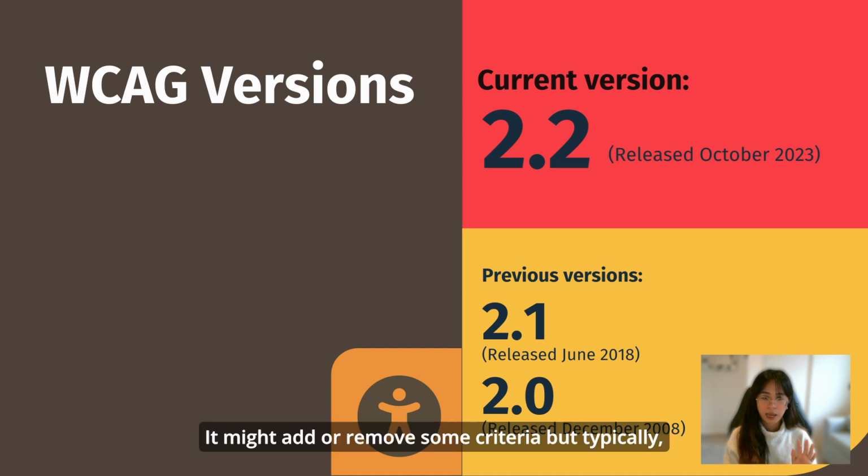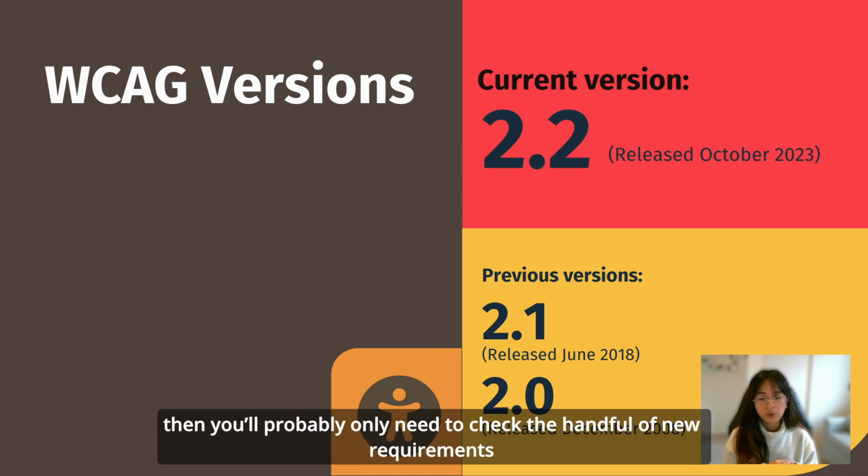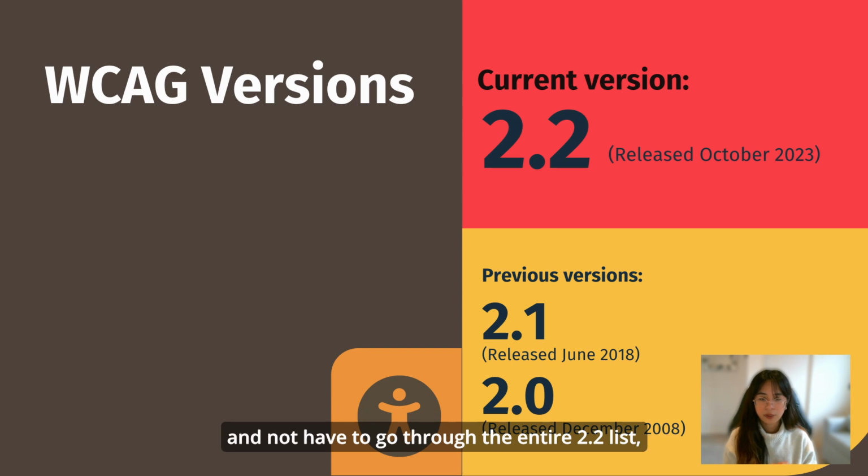So it might add or remove some criteria, but typically all the versions are backward compatible. That means if your website is compliant with 2.2, you're also going to be compliant with 2.1. If your website is compliant with 2.1 and you want to upgrade to 2.2, then you'll probably only need to check the handful of new requirements and not have to go through the entire 2.2 list. Although you're very welcome to, of course.